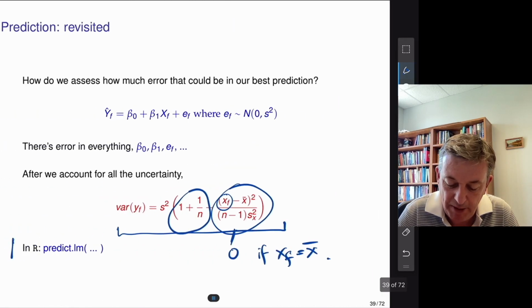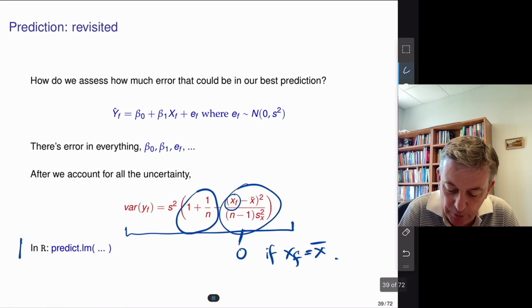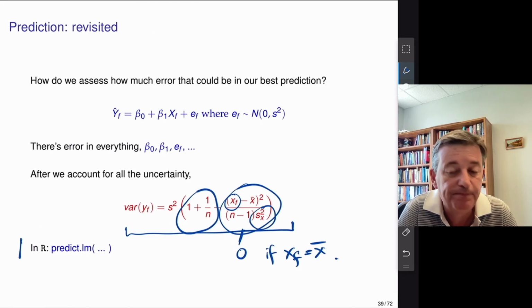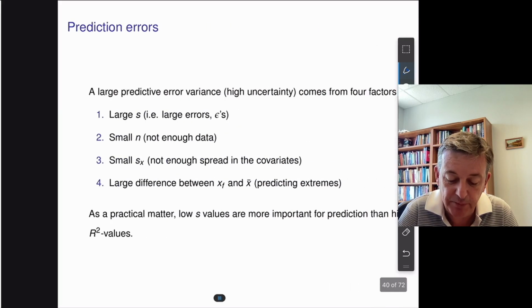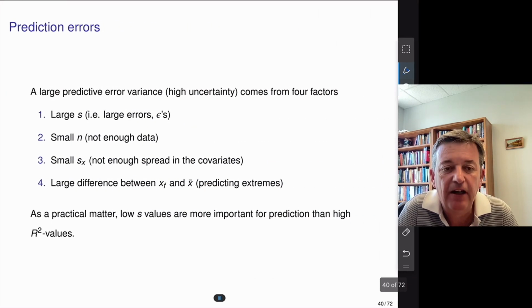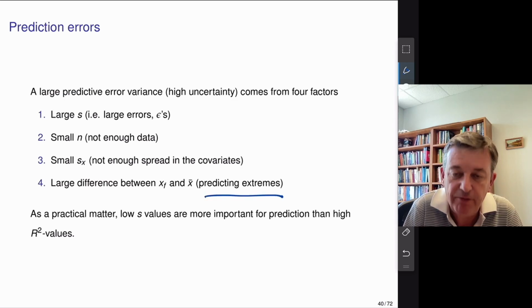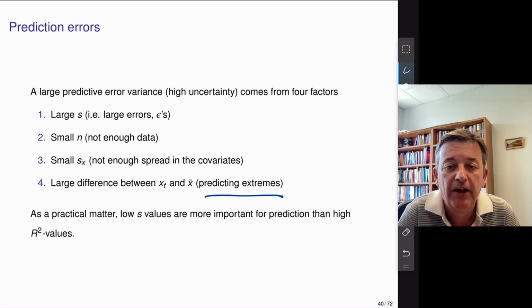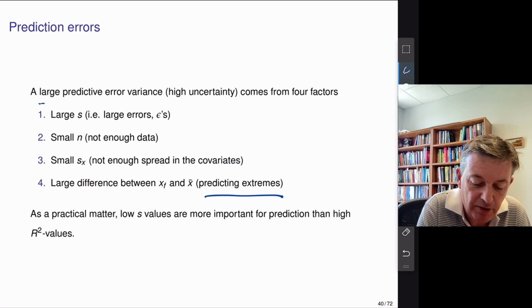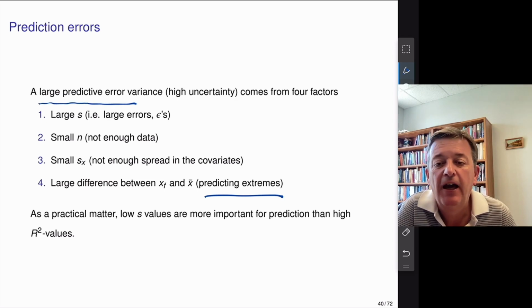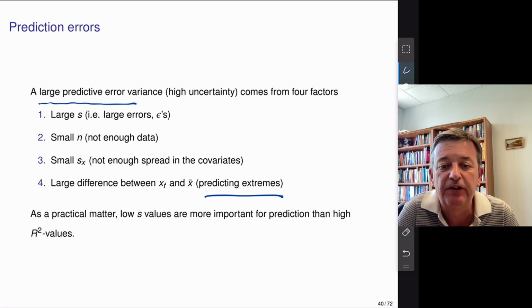If I go back, I'm essentially looking at this formula here. If s sub x is small, the prediction bands will be wide. And then if I'm predicting a long way away from the average, if I'm trying to predict in the extremes, I get a large prediction error. So it's interesting to see under what conditions the prediction bounds will be high.